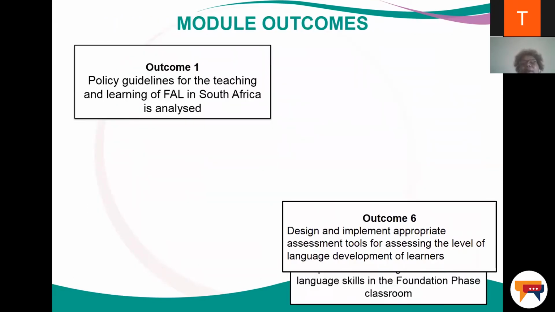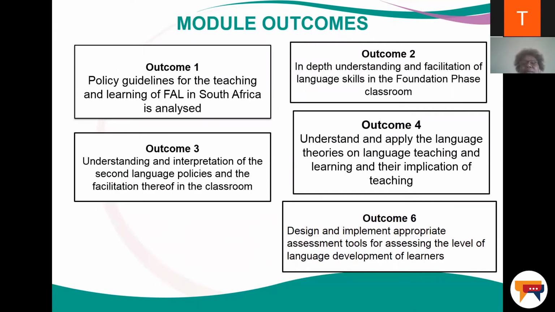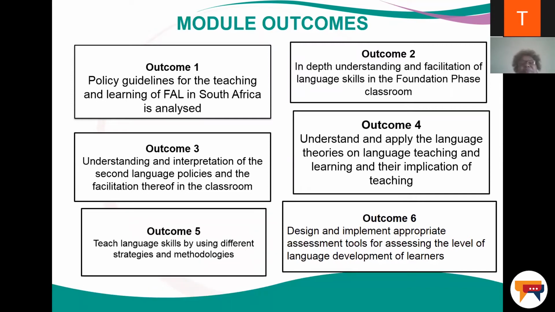Okay, and these are the outcomes of the module. Outcome 1, policy guidelines for teaching and learning FAL in South Africa is analyzed. Outcome 2, in-depth understanding of facilitation of language in the foundation phase classroom. Outcome 3, understanding and interpretation of the second language policy and the facilitation thereof in the classroom.